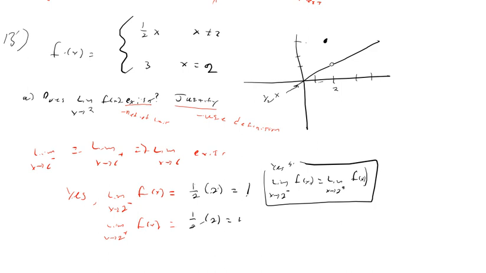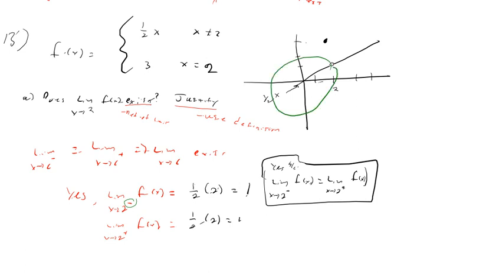So the reason why, remember, in a piecewise function, you're looking for which equation is in that section. So when we're saying limit as x approaches 2 from the left side, from the negative side, it's this part of the equation. And that's this equation right here.